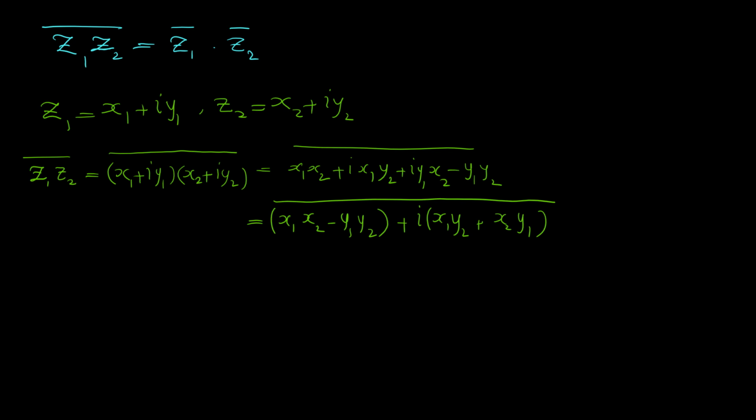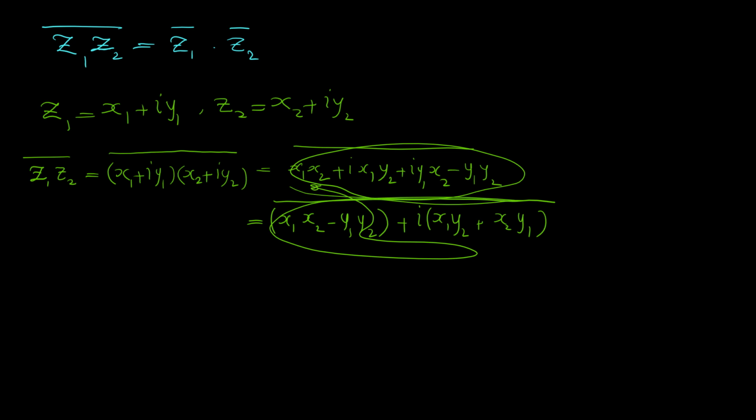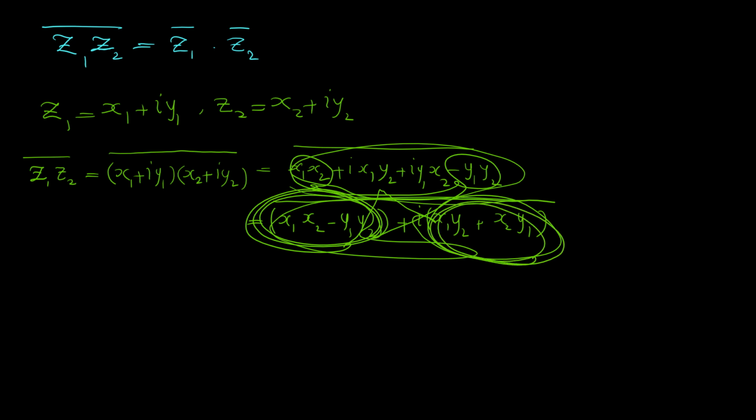If you wonder why I wrote this number in this form, it is because I want to group the real parts here, and then the imaginary parts in another group here. We factor i from these two terms, and then we have x1 y2 plus x2 y1.